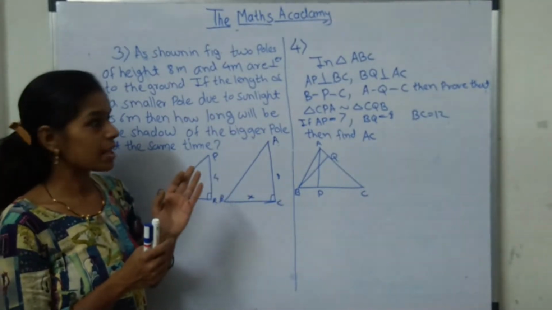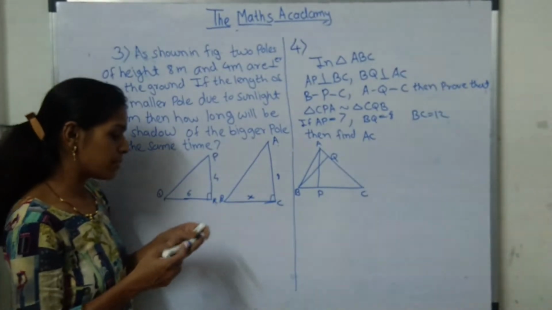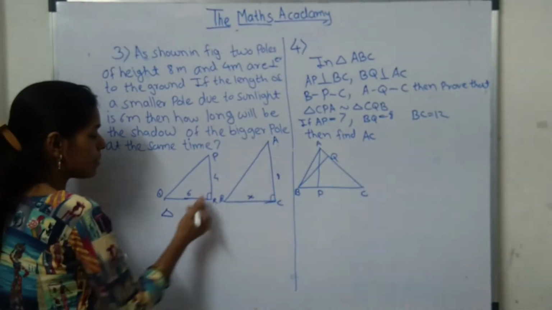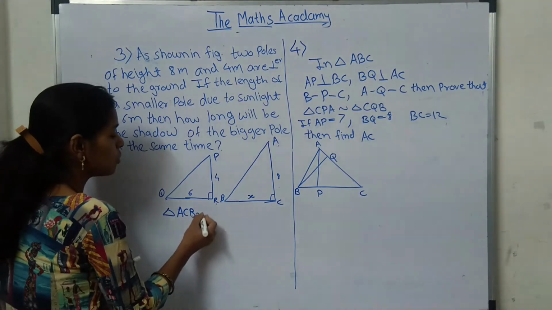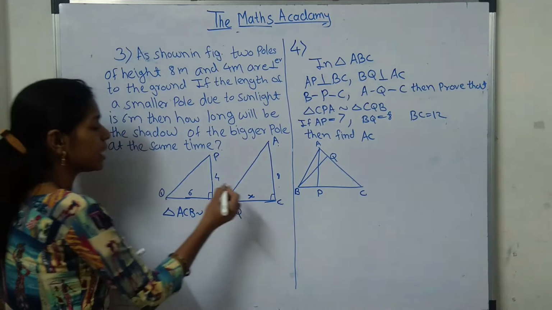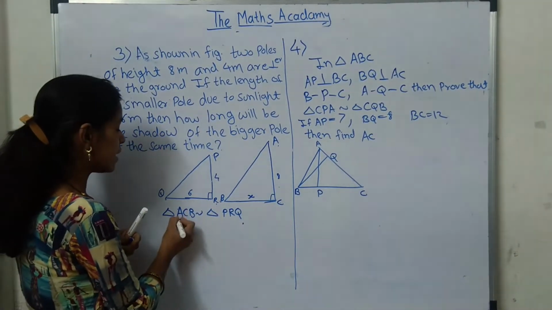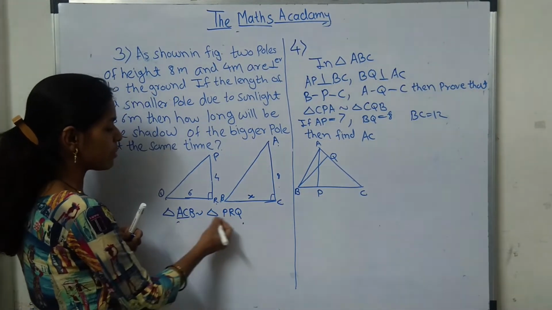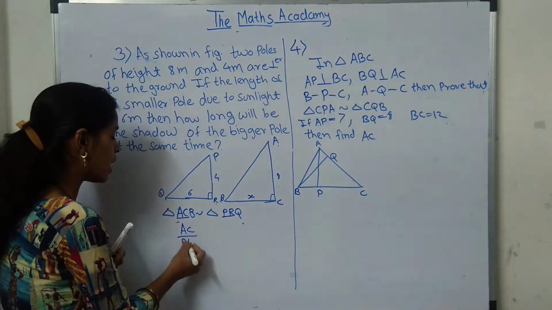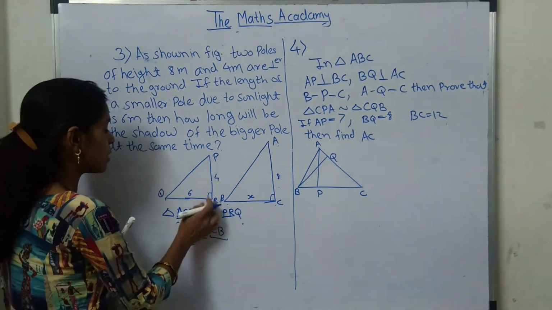As the two triangles are similar, we will write triangle ACB is similar to triangle PRQ. Now as the triangles are similar, side AC of triangle ACB and side PR are in proportion. That is AC upon PR is equal to side CB upon side RQ.